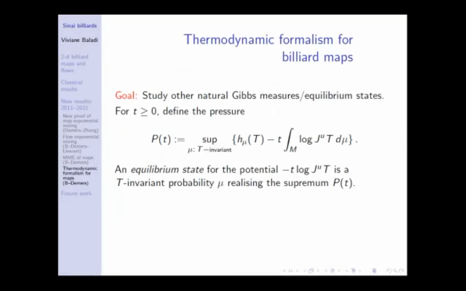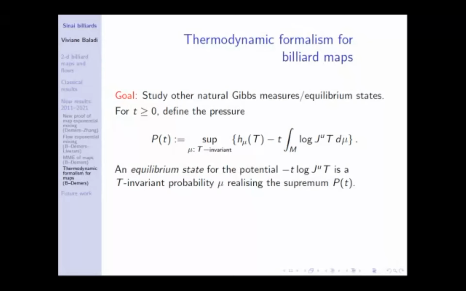And once you have the measure of maximum entropy, and you have the SRB measure, the measure which is absolutely continuous with respect to Lebesgue, it's natural to consider the one parameter family of measures which interpolates between these two. And the parameter is this t here. So if I put t equals 0 in this formula, I'm just maximizing the Kolmogorov entropy, right?